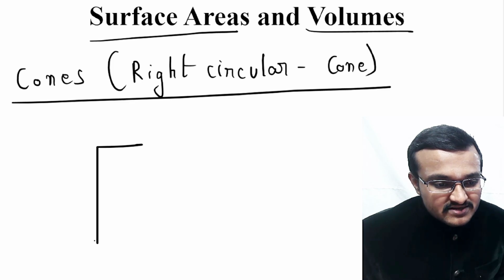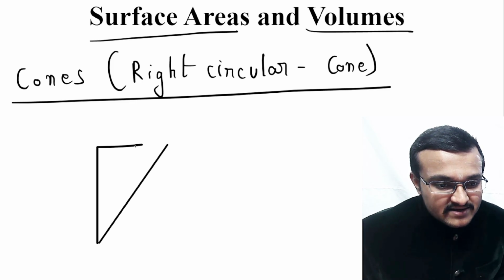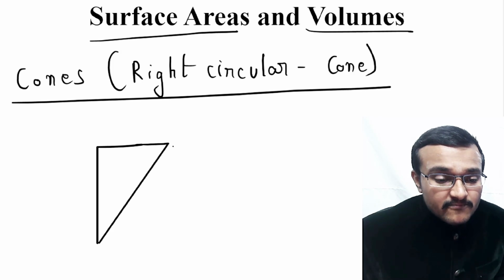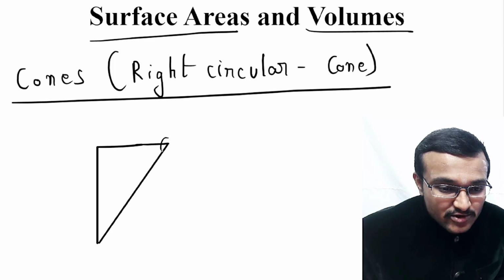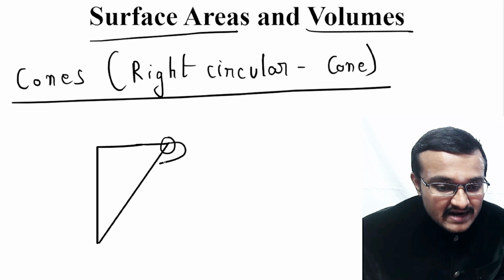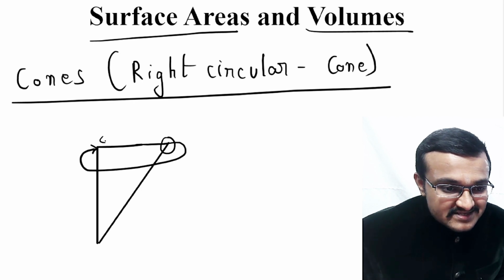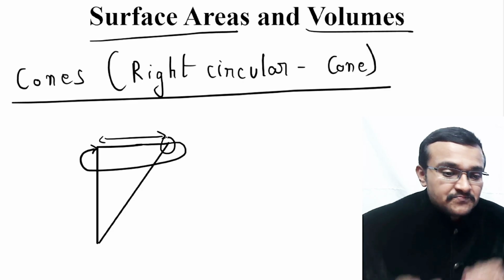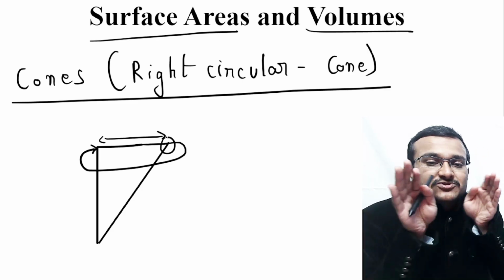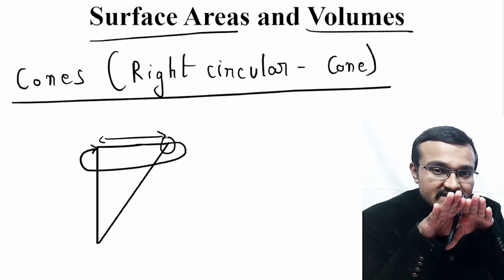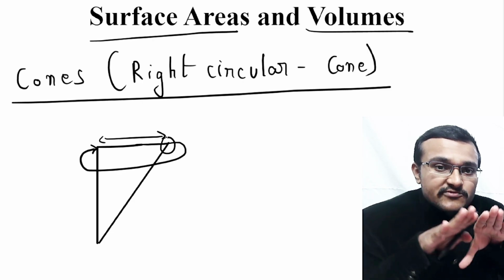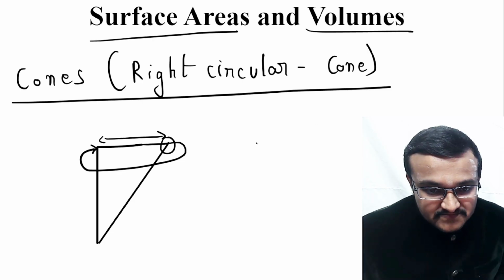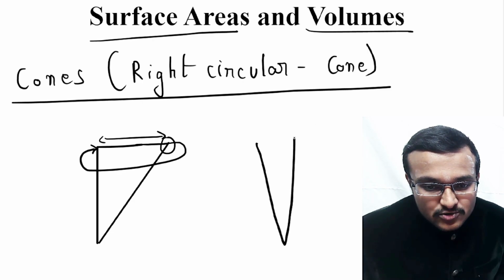If you fold one end of this right angle triangle and connect it to the other end, let's say this is the base of the right angle triangle, you're joining two ends of the base of that triangle in order to form a cone like this.